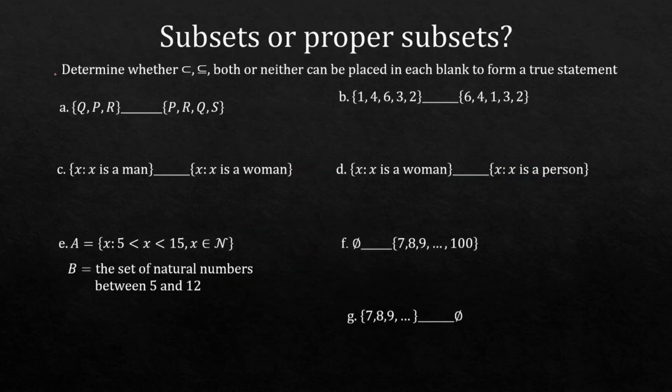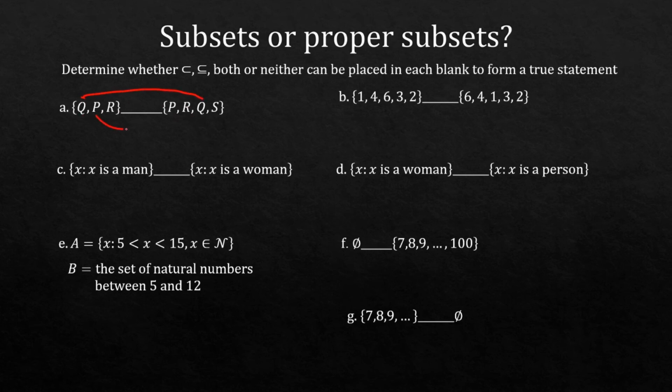In these questions, we want to determine whether we use a subset, proper subset, neither or both symbols, and place them into the space shown. In question A, we've got set QPR and set PRQS. So is this set QPR a subset of PRQS? We can see all of the elements.